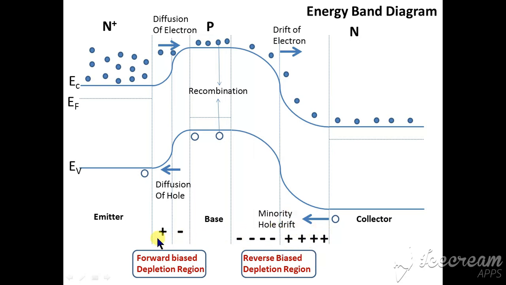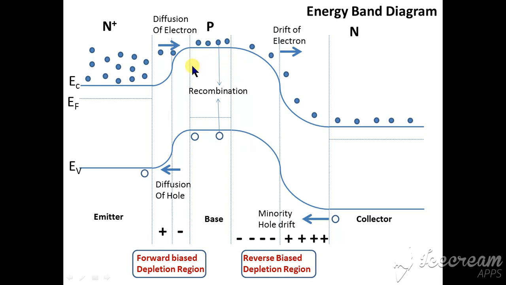Now at the forward bias junction, due to reduction of the depletion layer width and the potential barrier height, most of the free electrons diffuse from the emitter to the base region, or the P region.